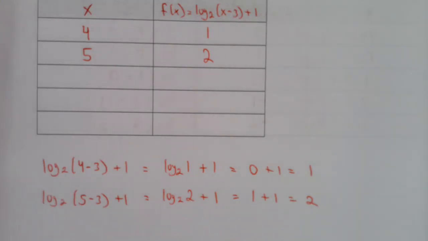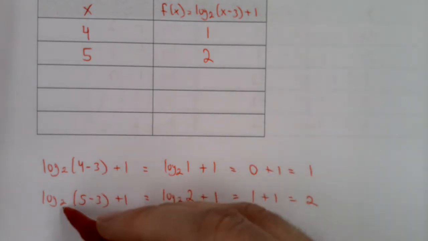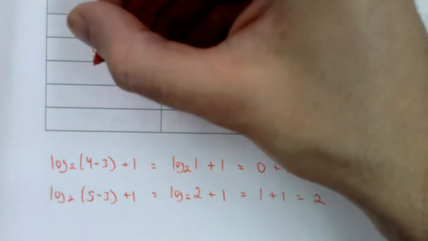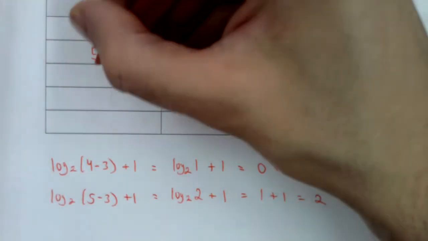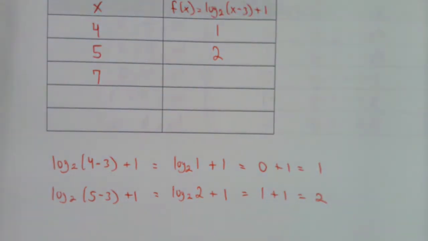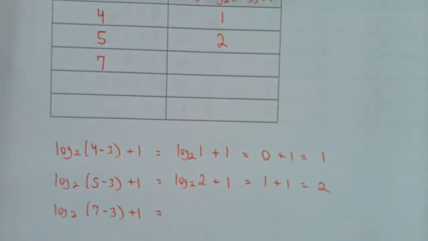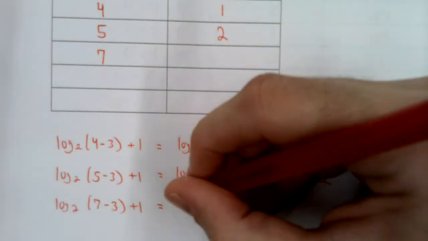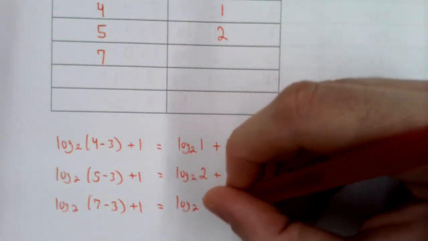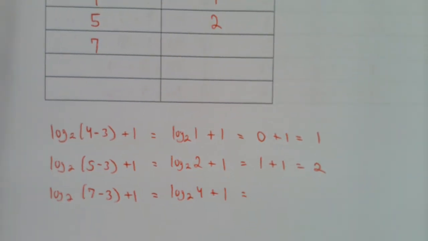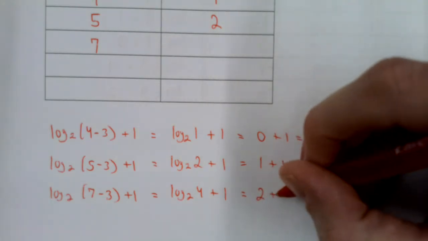If I choose x equals 6, that's not going to work out nicely, because I'm going to have log base 2 of (6 minus 3), and that's not going to be a nice number. But if I do x is 7, I get a nice answer. You'll see that right now. Log base 2 of (7 minus 3) gives me log base 2 of 4, which I can easily do, because 2 to what power equals 4? 2. So 2 plus 1 equals 3.